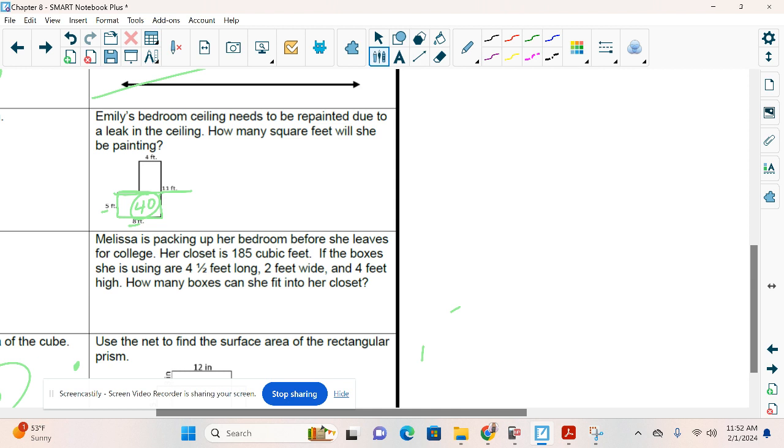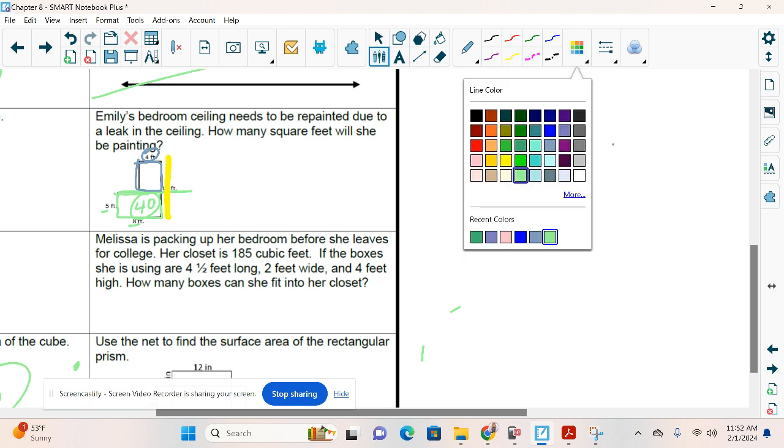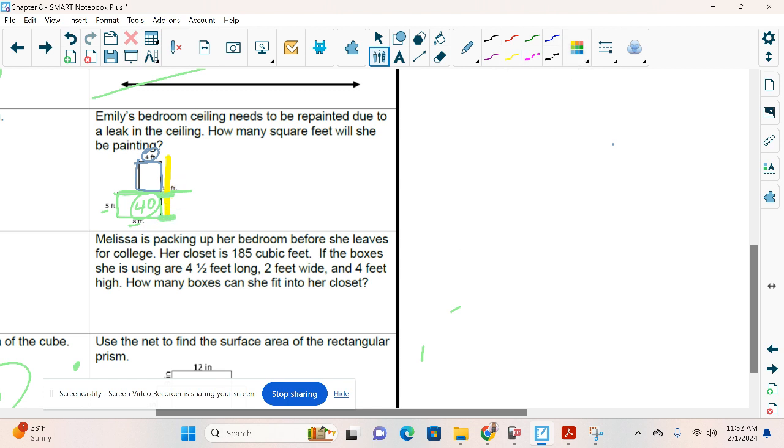Now with my other rectangle on top, I know the width, but I don't know the length. I do know that this total side length equals 11, and that from here to here equals 5, because opposite sides are congruent.